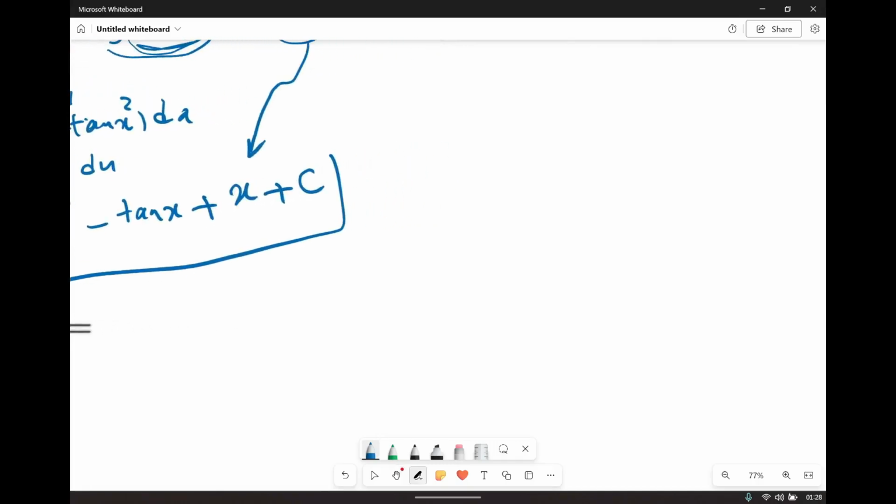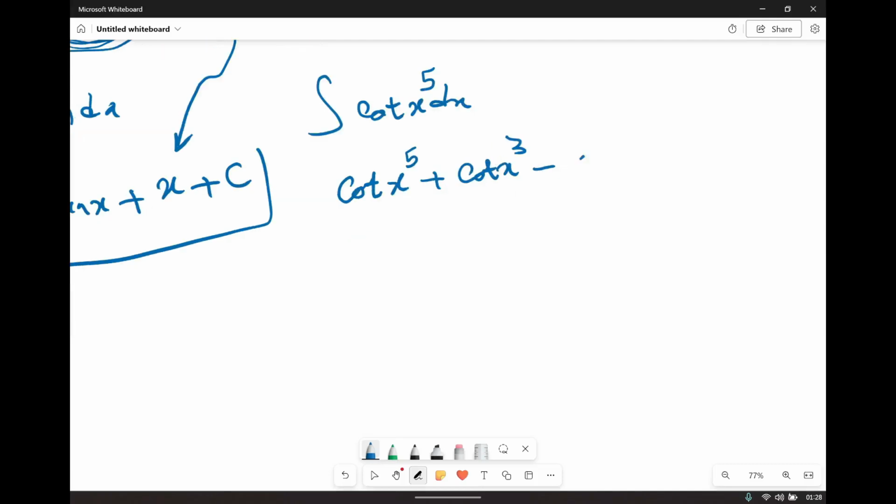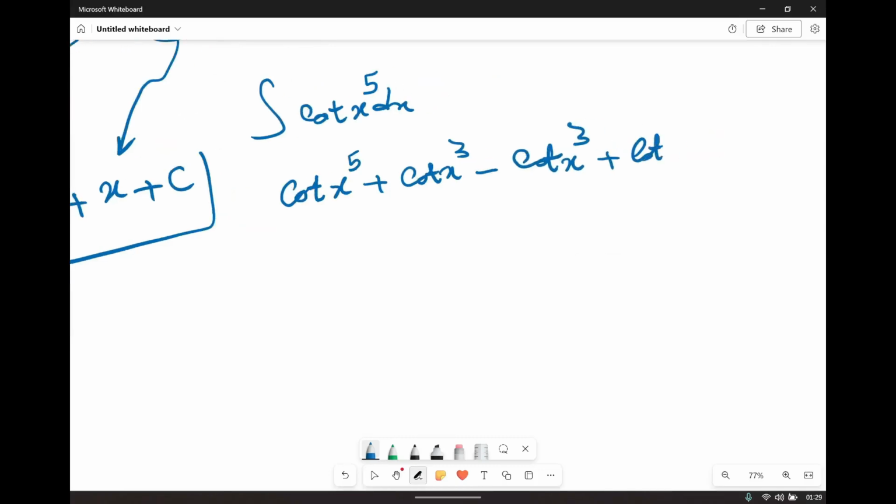For example, the integral of cotangent x power 5 dx: how must we calculate this? At first, I write cotangent x power 5 plus cotangent x power 3 minus cotangent x power 3, then plus cotangent x minus cotangent x, reducing by 2 each time. Yes, they cancel each other.